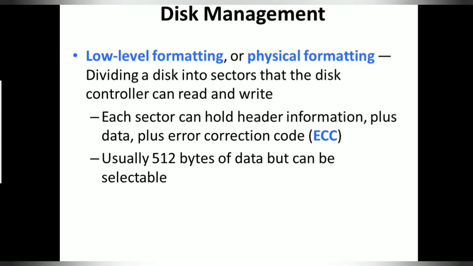The header and the trailer contain information used by the disk controller. They can contain information such as the sector number and the error correcting code. So now, what is this error correcting code?